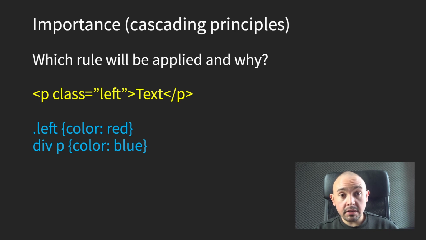One silver medal is more important than all the bronze medals, and one gold medal is more important than all the silver and bronze medals together. That's just a quick reminder, and having this knowledge, you might be able to answer this question: which rule will be applied and why? I'll leave you with this question for a couple of seconds, and I'll be back with the answer in a moment.